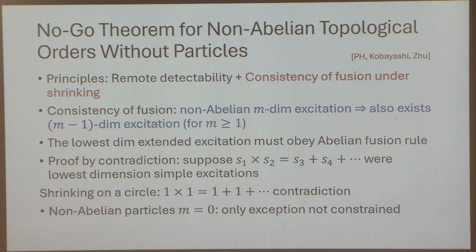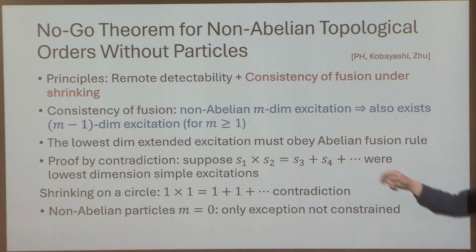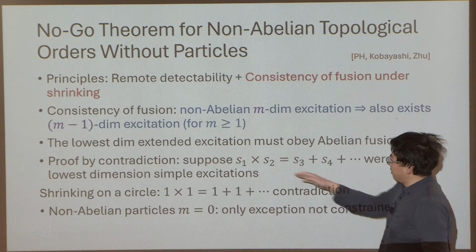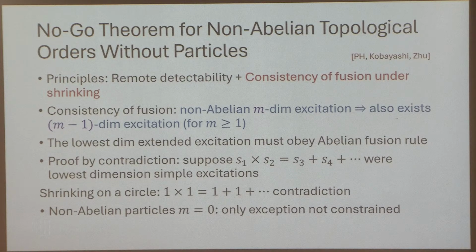If you start with a loop, the loop is very small, so it's almost like a particle. Or if you start with a membrane, and one direction is very small, it's almost like a loop. If you consider the excitations that are very short in one direction, then this becomes the fusion rule of excitations in one dimension lower.